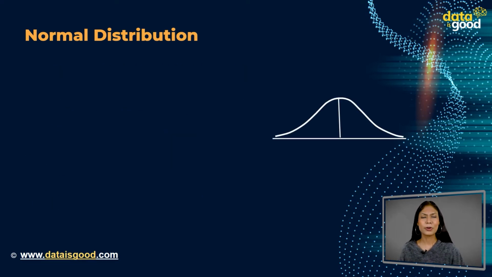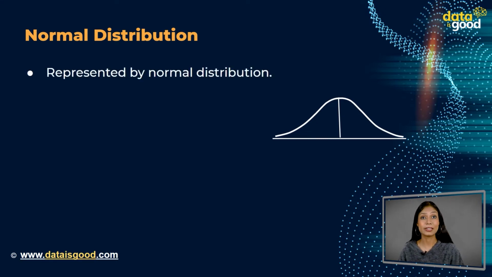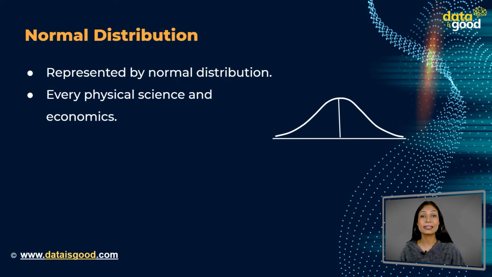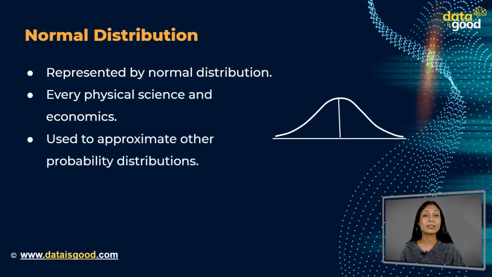A large number of random variables are either nearly or exactly represented by the normal distribution in every physical science and economics. Furthermore, it can be used to approximate other probability distributions. You can see the curve of the normal distribution on your screen.